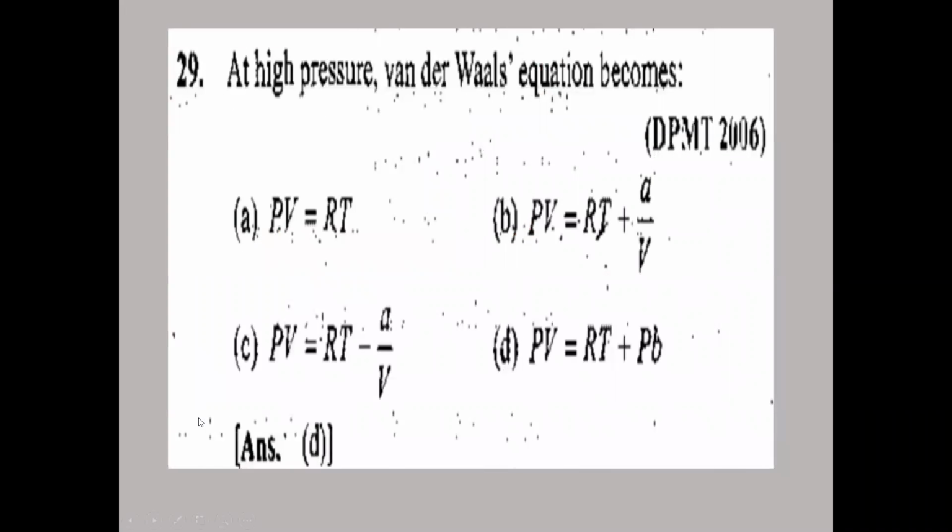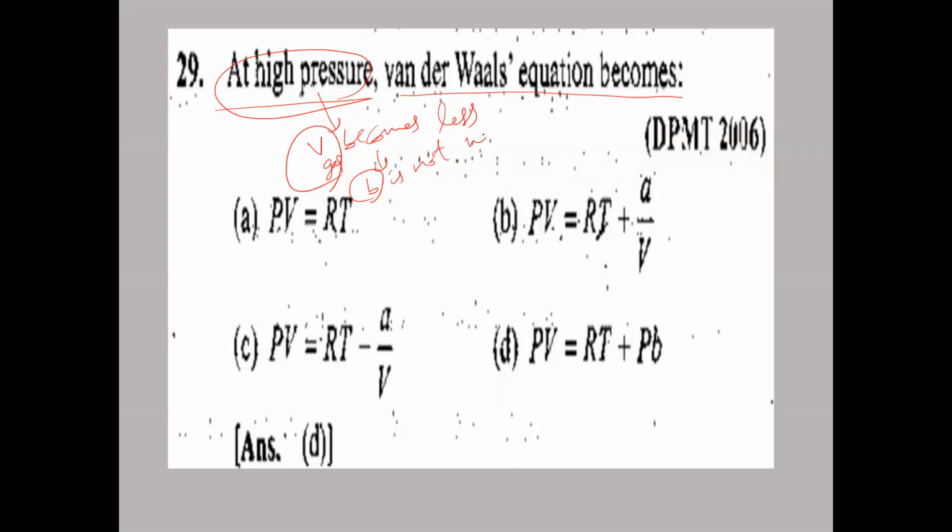Next, at high pressure, what does the van der Waals equation become? At high pressure, what happens now? The volume of the gas becomes very less. When the volume of gas becomes less, B is not neglected here.